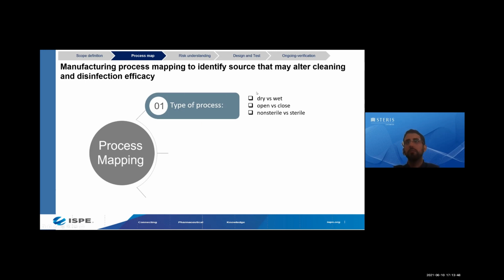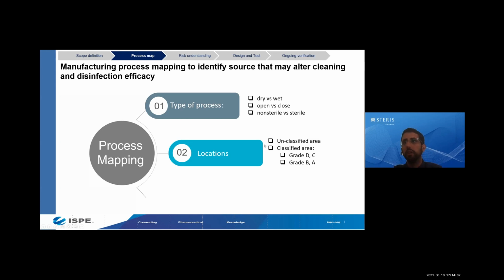The type of process will also help you in understanding where the sources of contamination are, but also the probability of having a contamination, for example, a dry process versus a wet process, closed process versus an open process, non-sterile versus sterile. Then the location, where in the area, and we will see through some benchmark. We performed some survey, so you will see a little bit what the practice is.